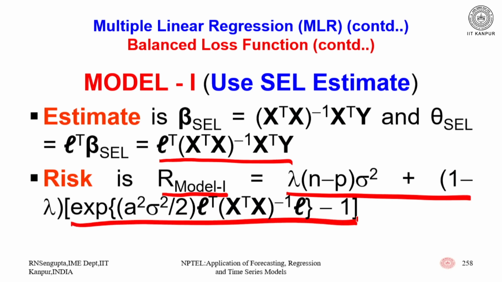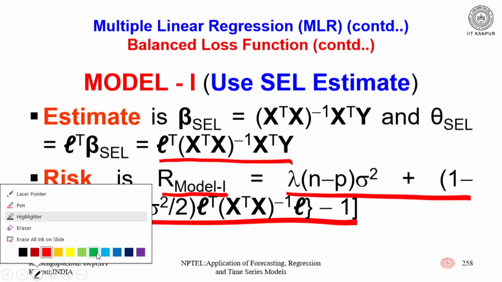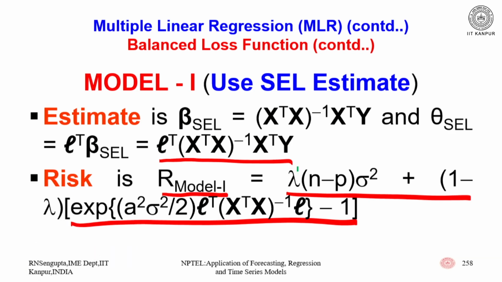What are the important facts? Lambda value, which we consider as the weightages, is where there is a green tick mark, it is known; the value is given from the data or from your assumption. Lambda would be known, between 0 and 1. N is the sample size, we know. P is the number of independent variables, we know. Sigma square is the variance corresponding to the error, that epsilon is normal with 0 mean, and in the simplest case 1 as variance, or sigma square as the variance.